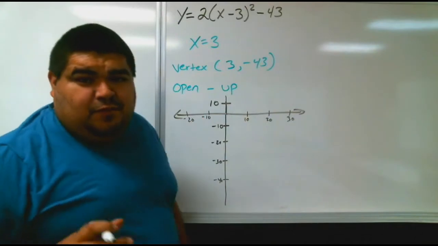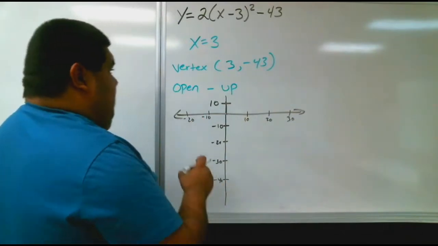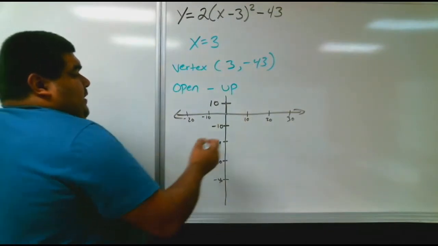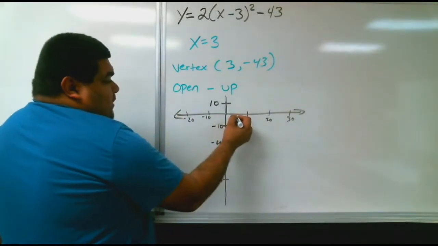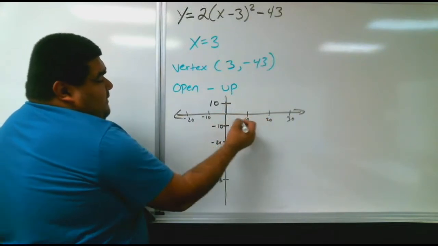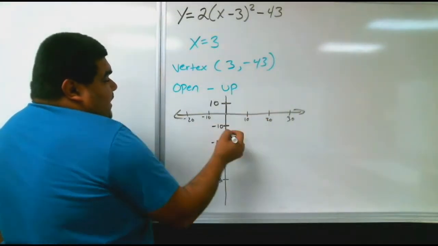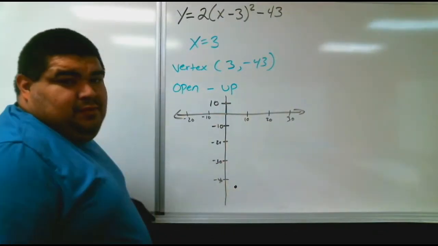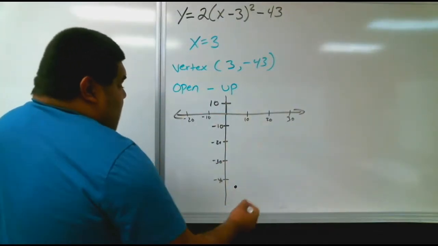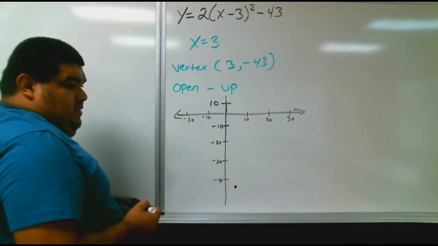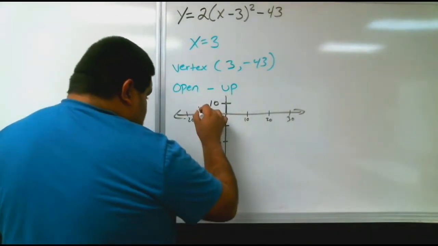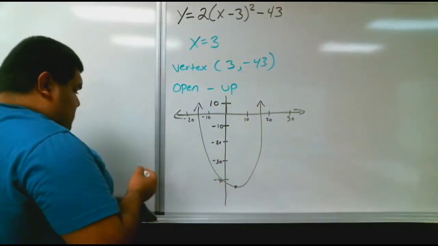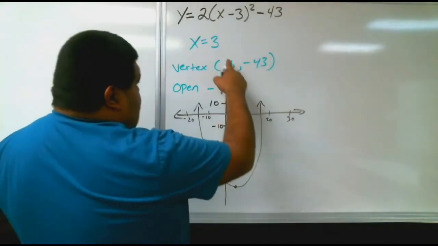If we were to graph our equation, our vertex is at 3 on the x-axis, so technically about half, because remember I went by tens, and then we went down because it's negative 43 all the way down here. So our parabola was going to open up, and our axis of symmetry is at 3.